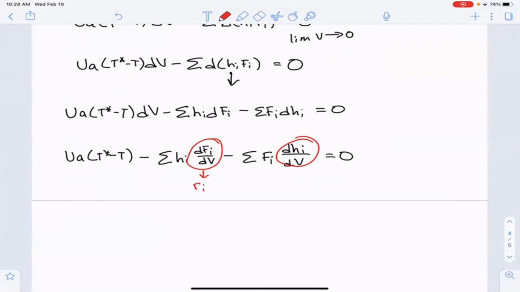So we also know the relationship between Ri and Ra, right? So Ri over the stoichiometric coefficient for i is equal to Ra over Va. So really, this Ri just equals Ra times the ratio of the stoichiometric coefficients in our reaction.